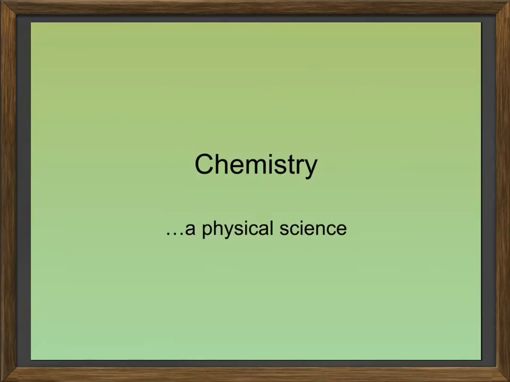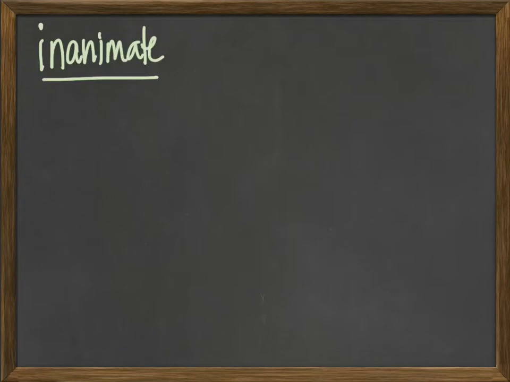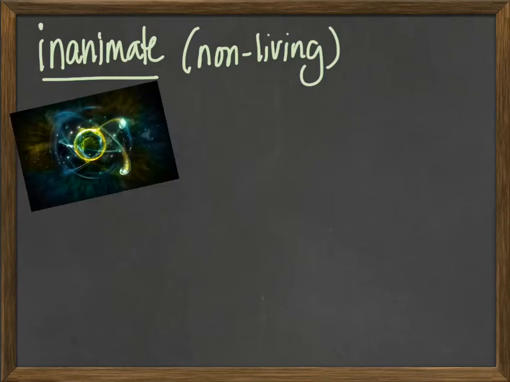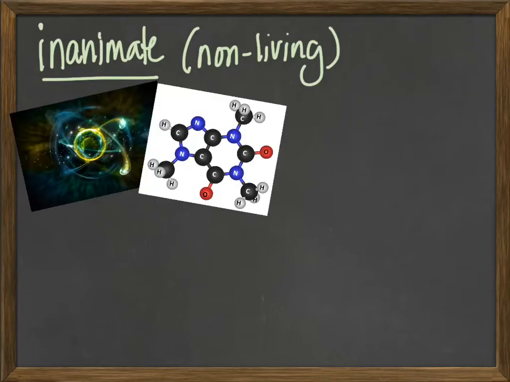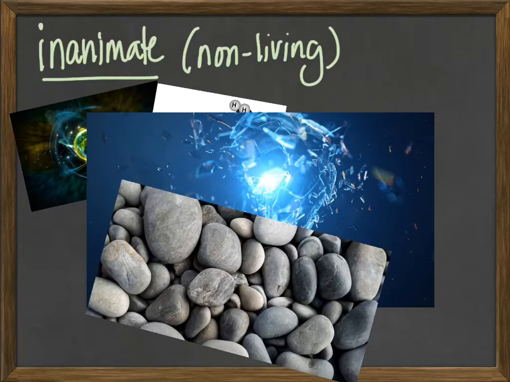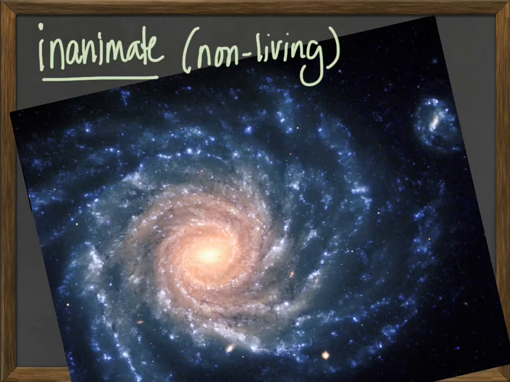Let's go. So, chemistry is a physical science, but what does that mean? The physical sciences study inanimate things. Those are things that are non-living, and that includes everything from atoms and molecules to things as hard to think about as energy, as simple as rocks, and up to things as grand and complex as entire galaxies.